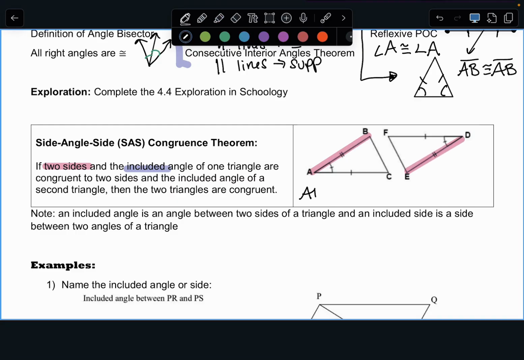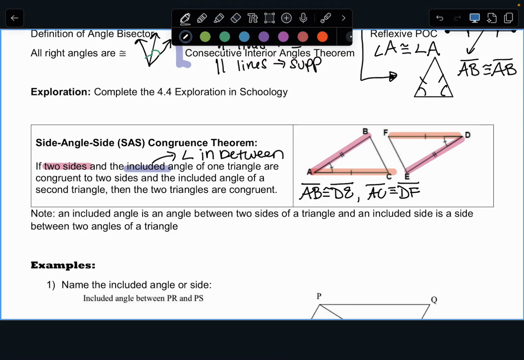So that's one of our sides. And for our other side, AC congruent to DF. And the included angle. All the included angle is, it's the angle in between those two sides.